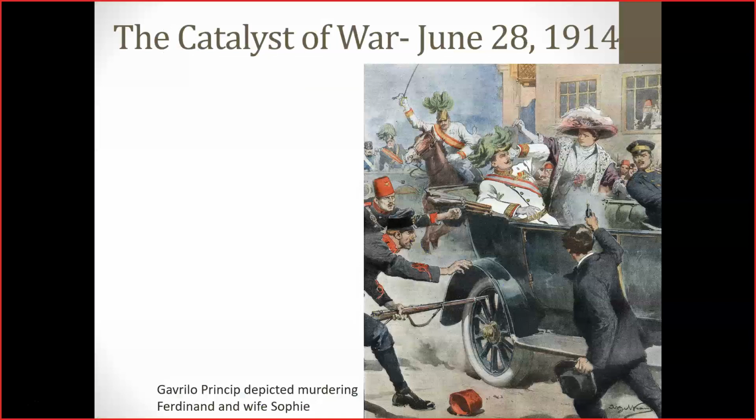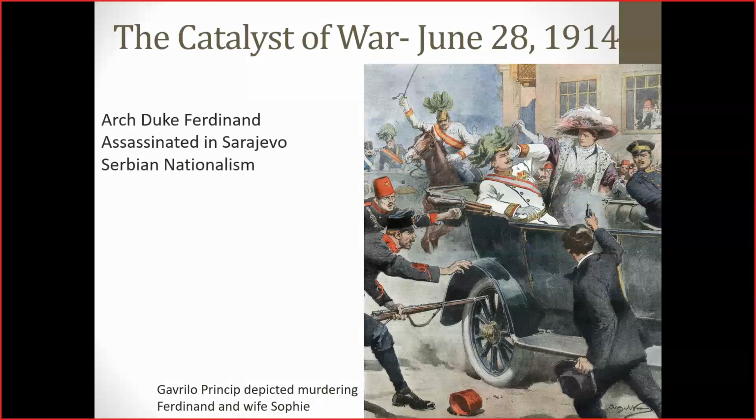The initial catalyst for the war, of course, is the assassination of Archduke Franz Ferdinand and his wife Sophie, which is depicted here in an artistic depiction of this assassination in 1914. June 28th, 1914. The assassination was in the city of Sarajevo, which in the 21st century is part of the country of Bosnia.